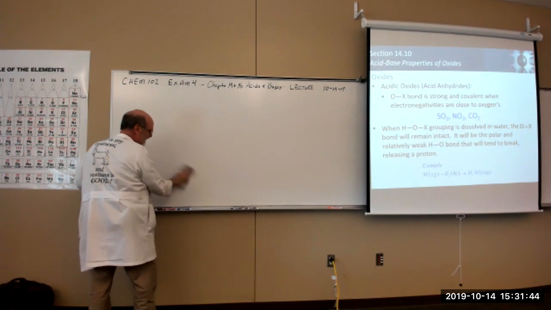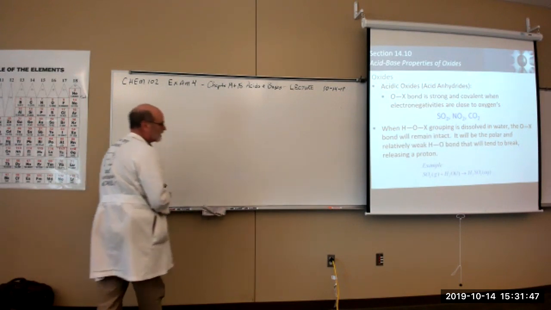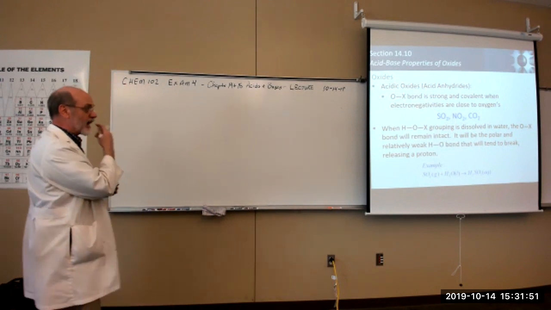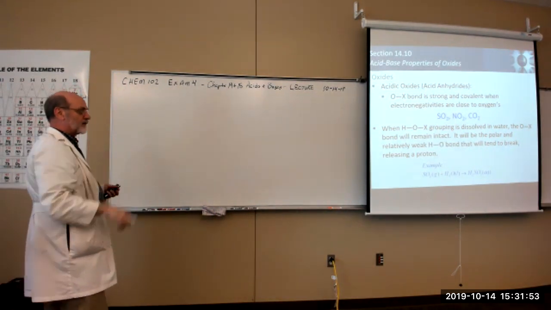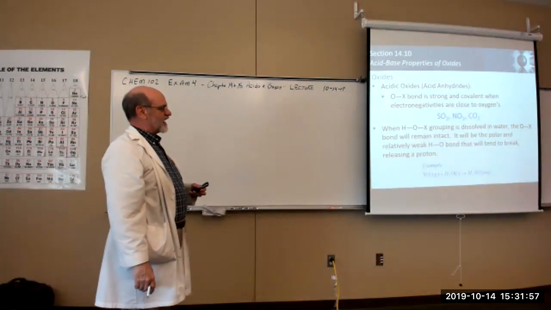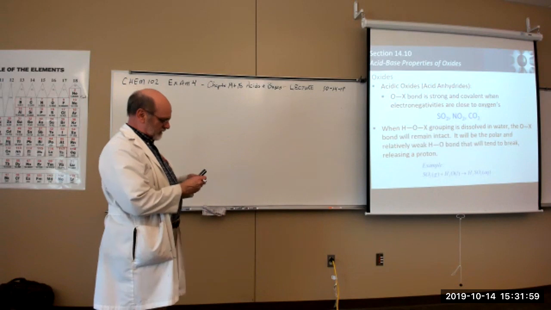We talked about the oxy acids, right? Now let's talk about the oxides. There are two types of oxides. The acidic oxides, or the acid anhydrides. What does that mean?